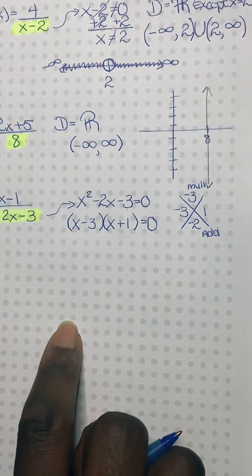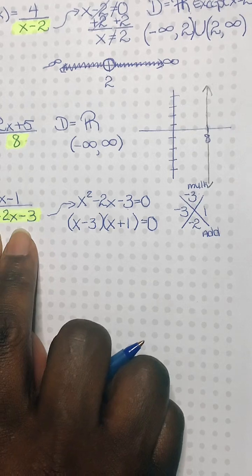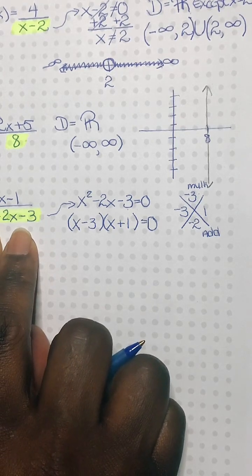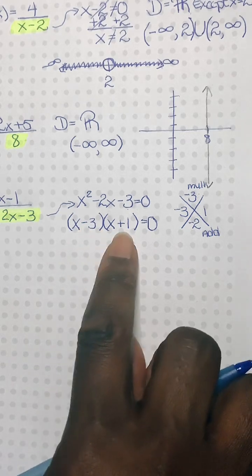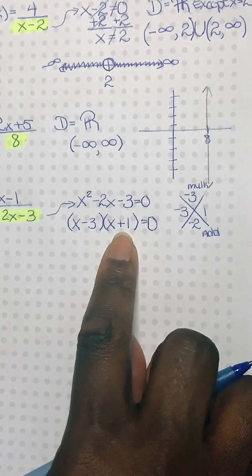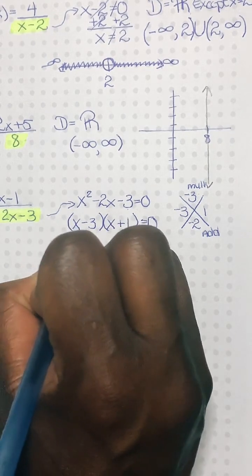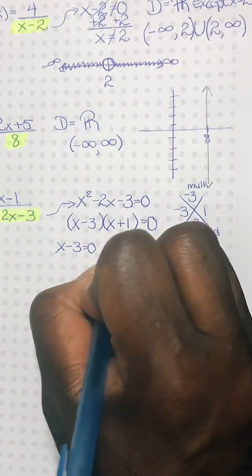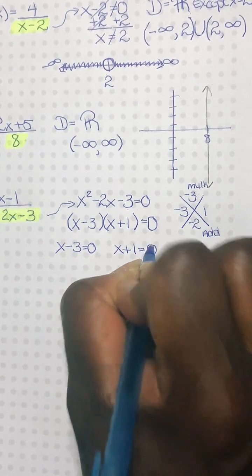But we want to know what's going to make this denominator equal to 0. That will show us our limitation. So we need to set each of these parentheses equal to 0. So x minus 3 is equal to 0, as well as x plus 1 is equal to 0.